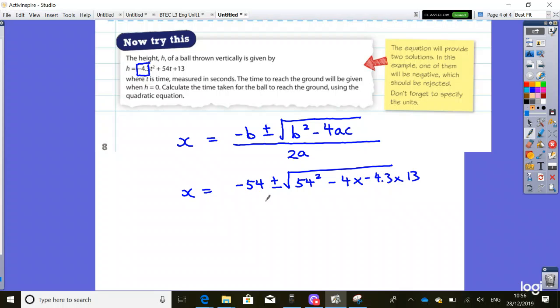I hurried a little bit, just because I've done this sort of question lots of times, so I'm sure I'm going to make it 100% error free. What you should do in the exam is to write out your constants first.